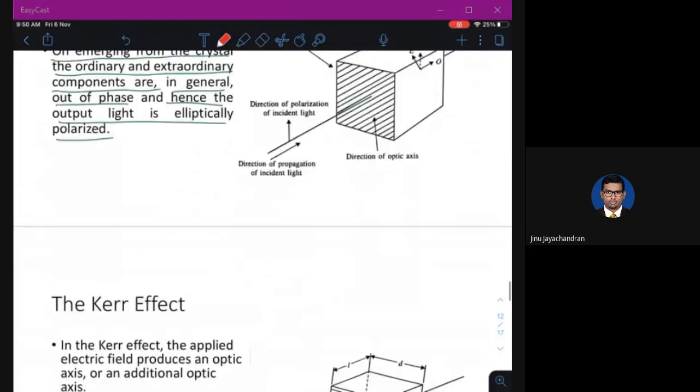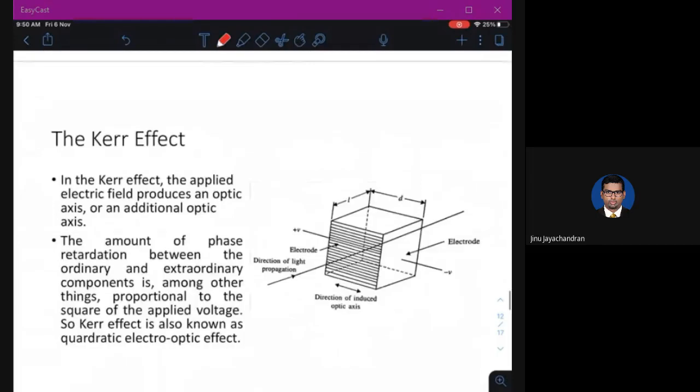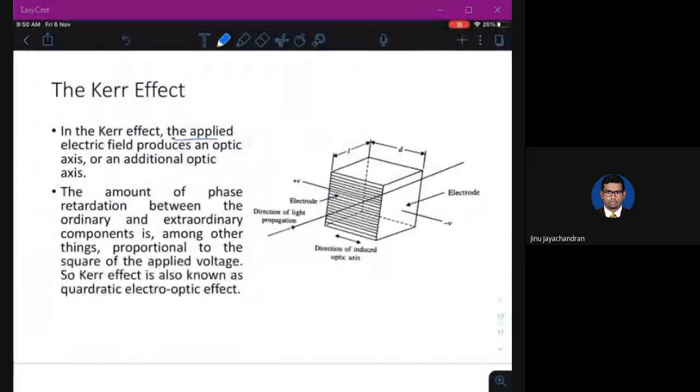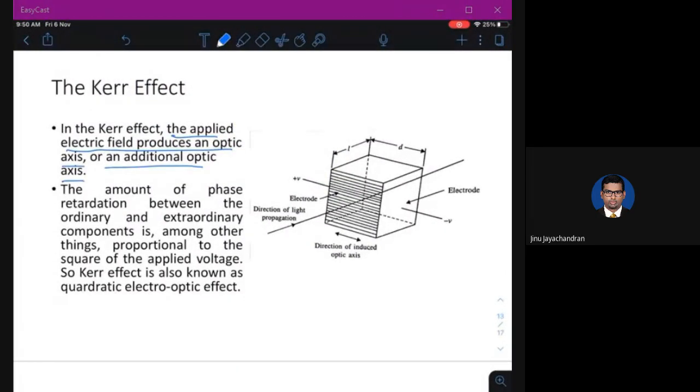Now, in the Kerr effect, the applied electric field produces an optic axis or an additional optic axis. Okay, so if you see this material, you see that in the previous diagram, the optic axis was slanted. Now it is parallel to the sides.